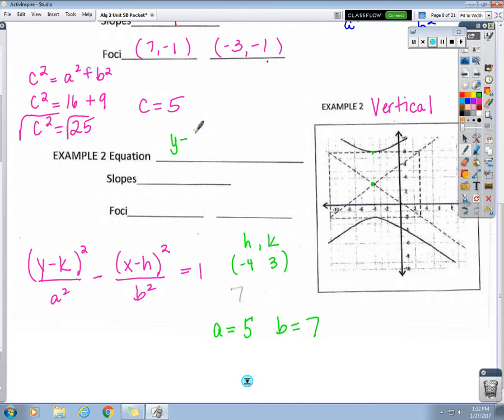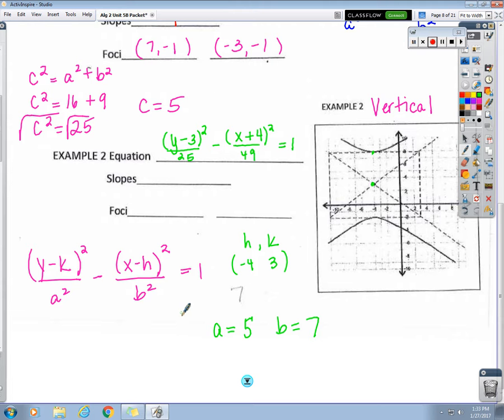What's the k value? 3. And then squared minus x minus negative 4, so that would become a plus 4 squared equals 1. And a squared on bottom becomes, and b squared becomes 49.